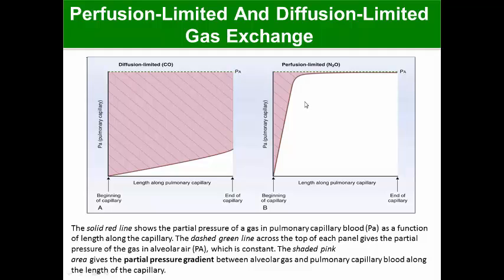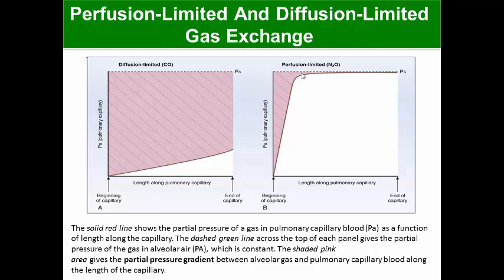This is not the case here, for that gas, which could be nitric oxide or oxygen. For that gas, the partial pressure of the gas increases and now reaches the partial pressure of the gas in the alveolar air.